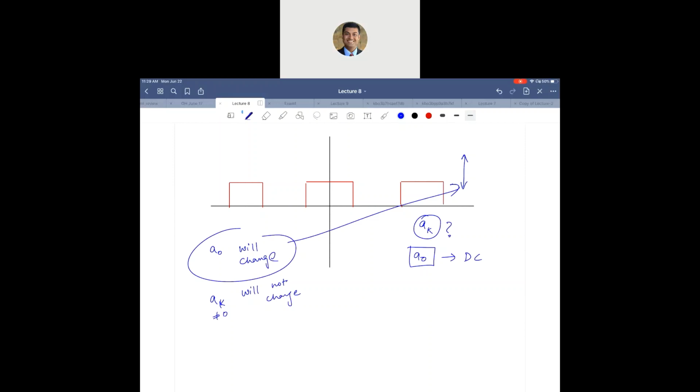So only the DC term will change as you move this periodic wave up and down vertically. So when you do a vertical shift of a periodic signal, only the DC term will change. Everything else will remain as is.